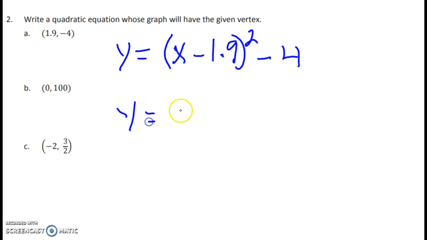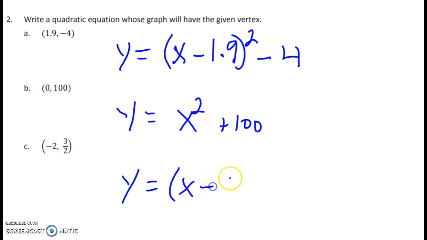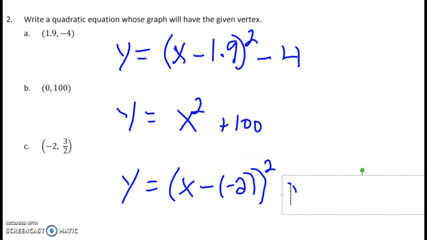Second one, x minus 0. So you can write it like that, or we already saw it's just going to be x squared. And then this is positive 100, plus 100. And the last one, I'll do in 2 steps so you can just see it. x minus negative 2 squared plus 3/2.